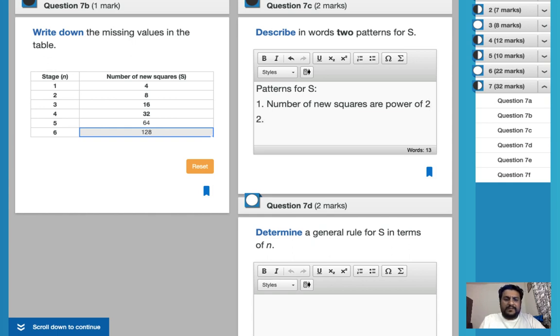Second, the ratio of any two consecutive terms is 2.